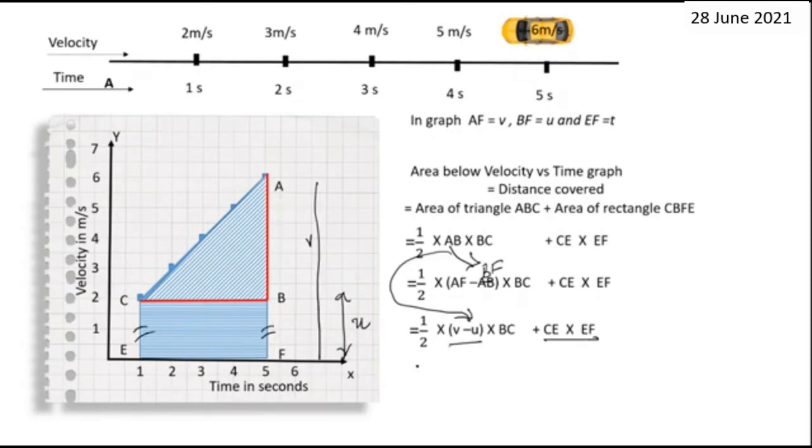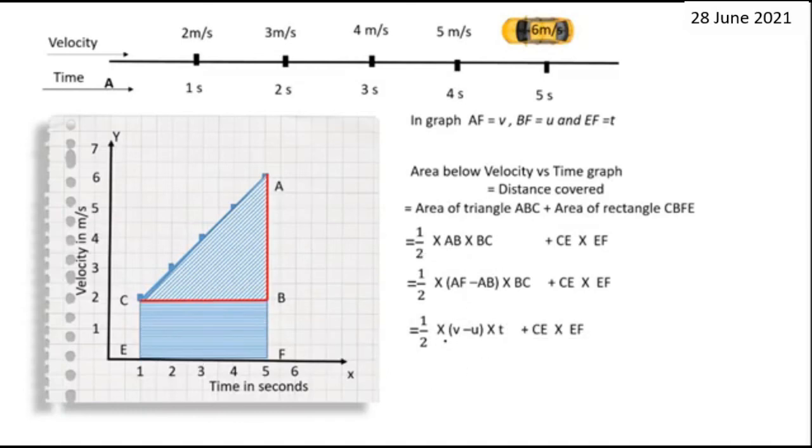Now, what is BC then? BC is nothing but EF, and that is T, that is time. Therefore, in place of this, half into V minus U into T. And what is CE?